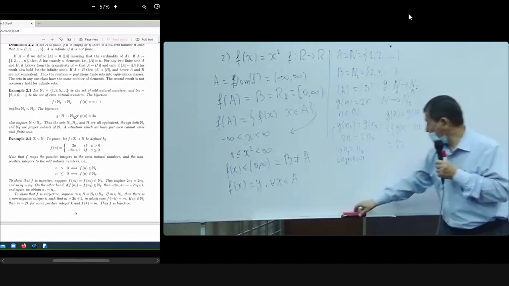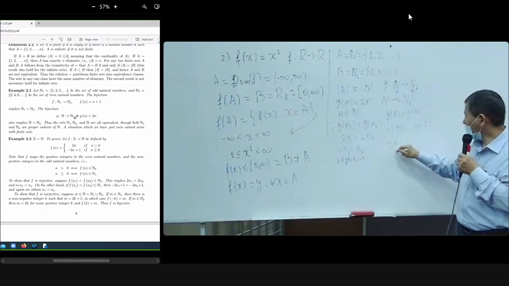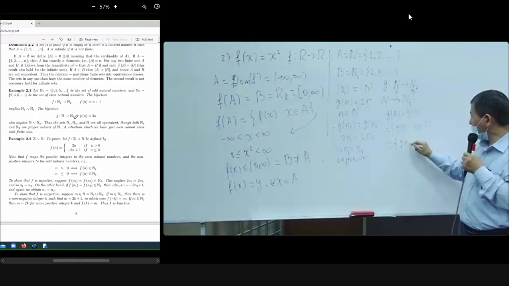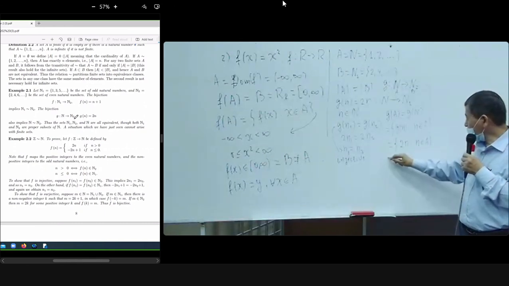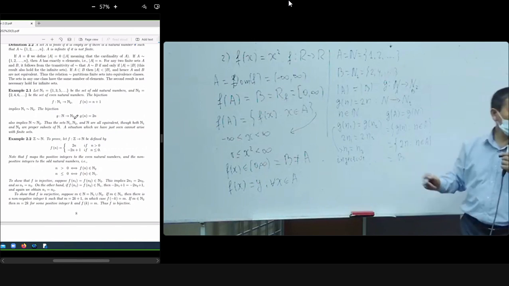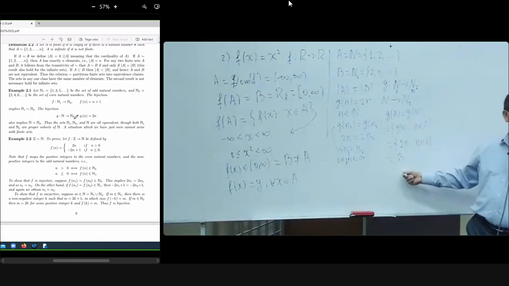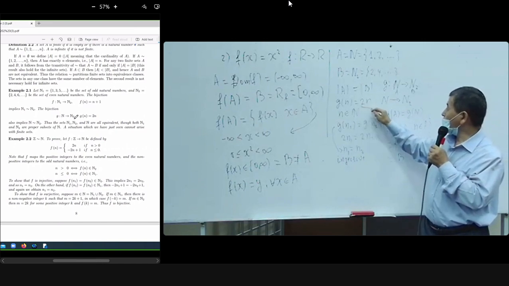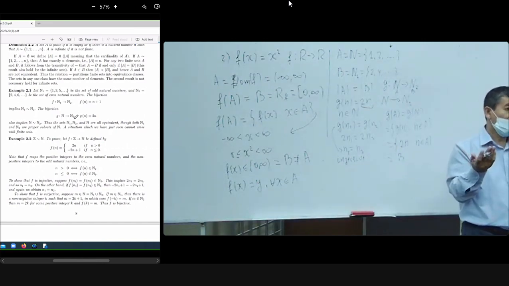Because instead of G(n), if I put 2n such that n belongs to A, this is exactly set B. So you see, G of A equals B. So it is surjective. So this function is injective and surjective. So it is bijective.